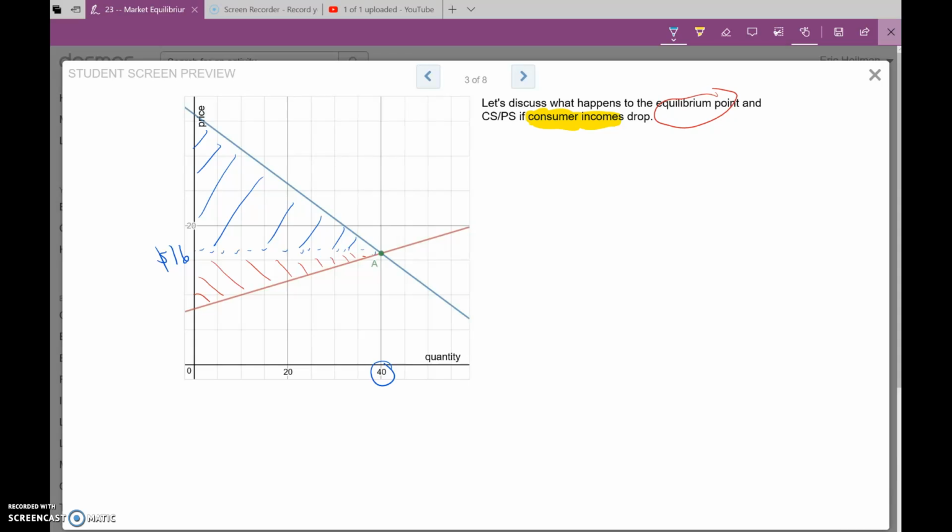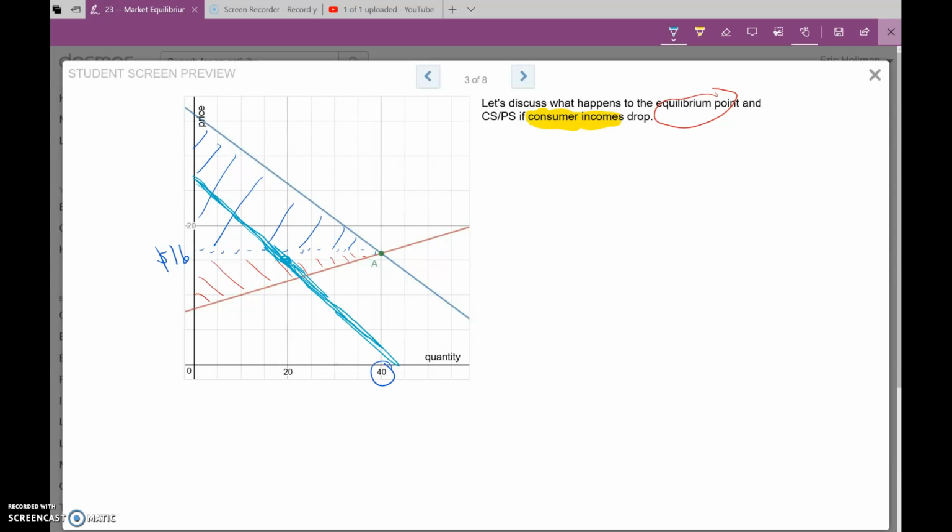They can't afford as much, so their new demand curve might be here. Because I don't have any equations, I'm just drawing this demand curve in a new spot. I didn't place it exactly, but it is important that it be an inward shift.